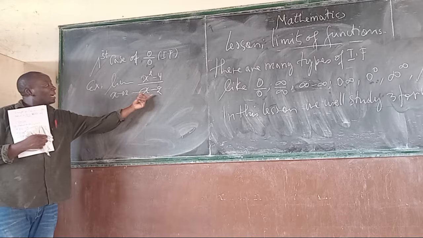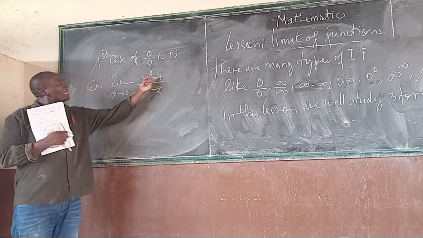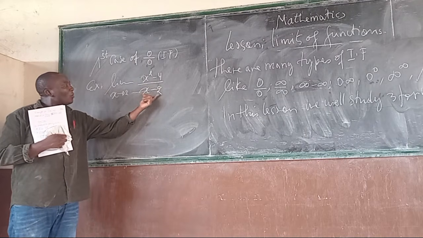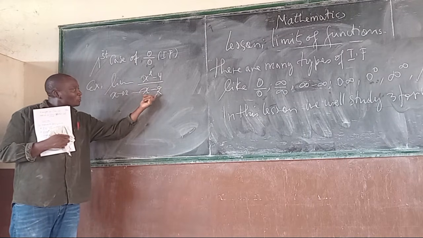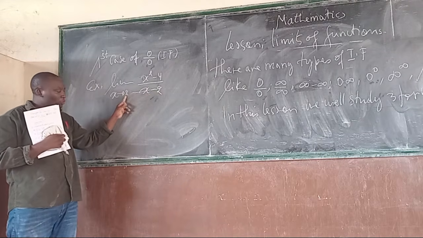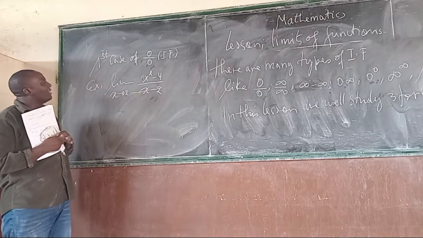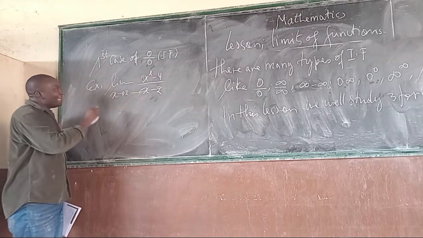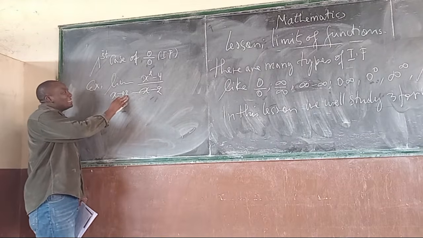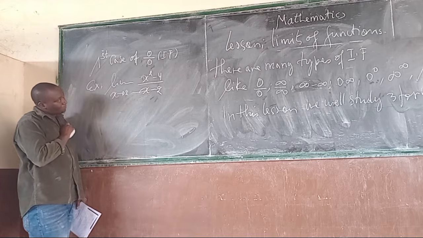As you see here, we have a ratio function. We ask you to find the maximum value of our given ratio function where x approaches 2. Then, to find the limit of my given function, directly I replace x by 2 in my given function.